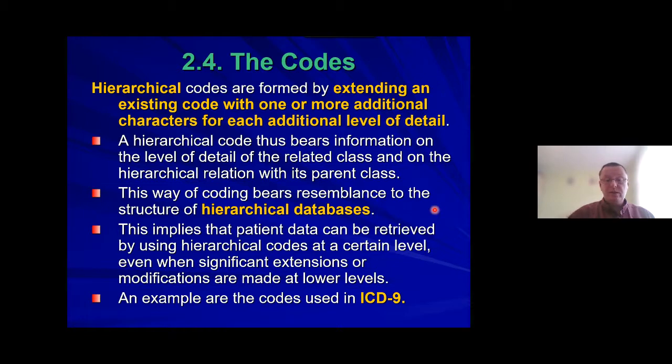This way of coding bears resemblance to the structure of hierarchical databases, and actually it is very close to relational databases, which are hierarchical in fact, and even post-relational, object-oriented databases. This implies that patient data can be retrieved by using hierarchical codes at a certain level, even when significant extensions or modifications are made at lower levels.